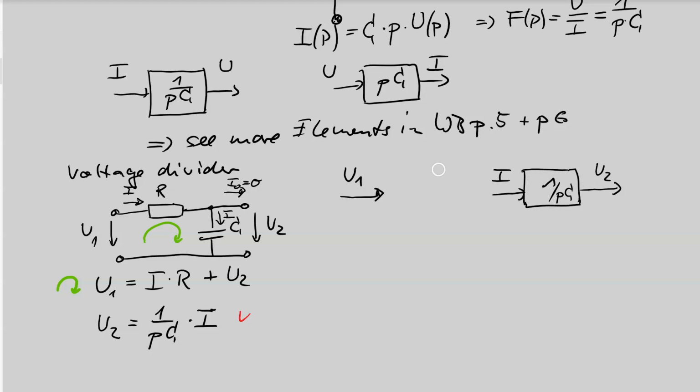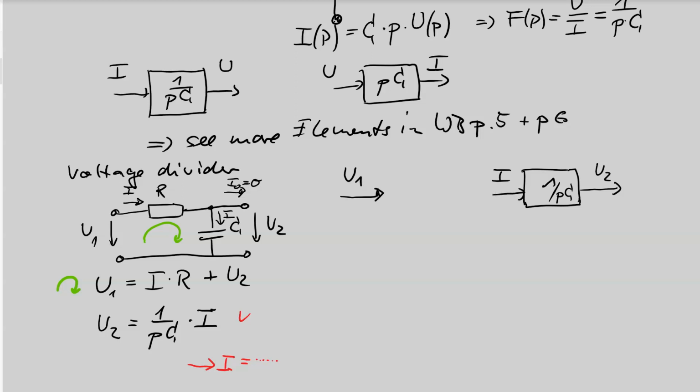And now we have a new gap. This new gap has to connect the current I as an output. Here's an input. So I now use an element which has I as a current output. So I use an equation which is written as I is anything else. What I have to do is look for an equation which contains I. We have only 2 equations, and this equation contains I. And I have to solve this equation with respect to I, because here I need I as an input.